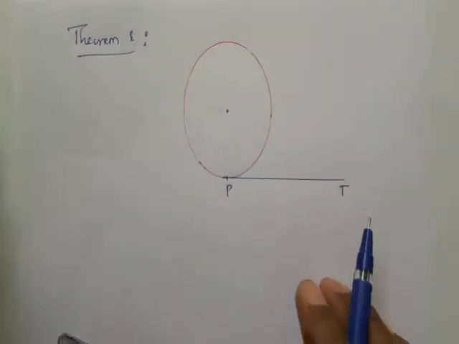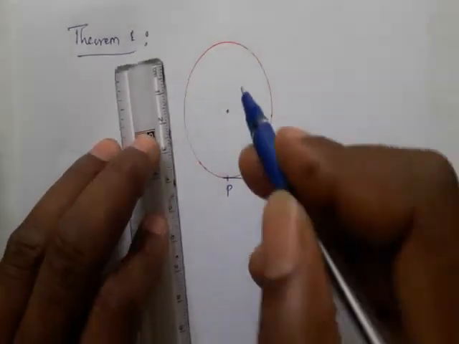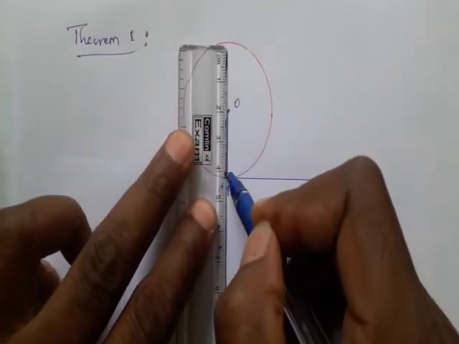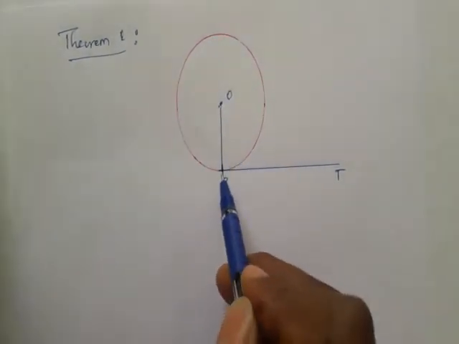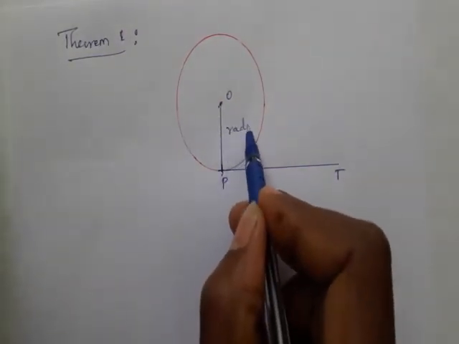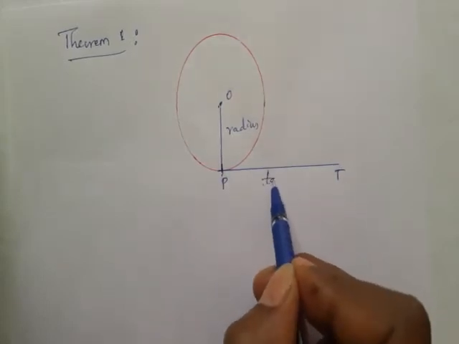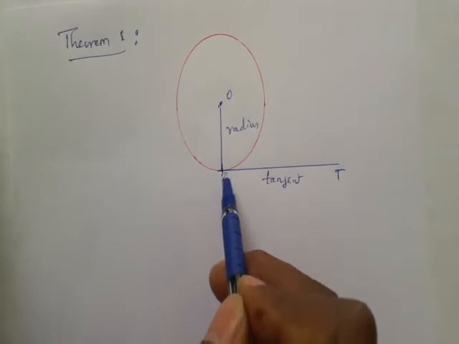What the first theorem says is, here I have drawn a tangent PT, then this is the center of the circle, and I join these two. Now O is the center of the circle and P is the circumference point. As you know, OP is a radius, right? PT is what? Tangent.